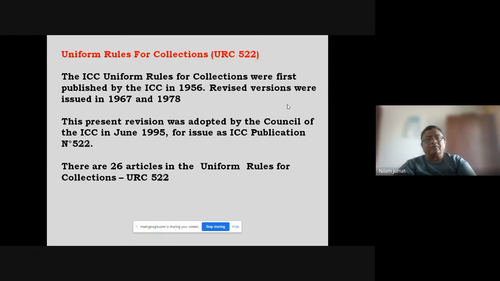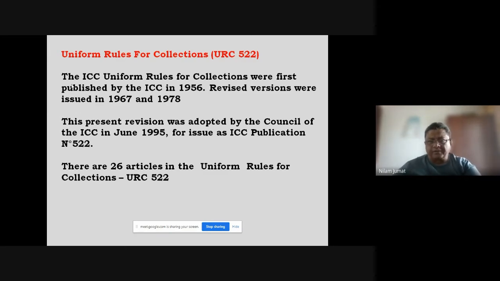And the rules for collection is ICC publication 522. When the exporter sends the documents to the importer's bank, on that day on the letter they will note that this transaction is subject to ICC rules 522. So there are 26 articles.